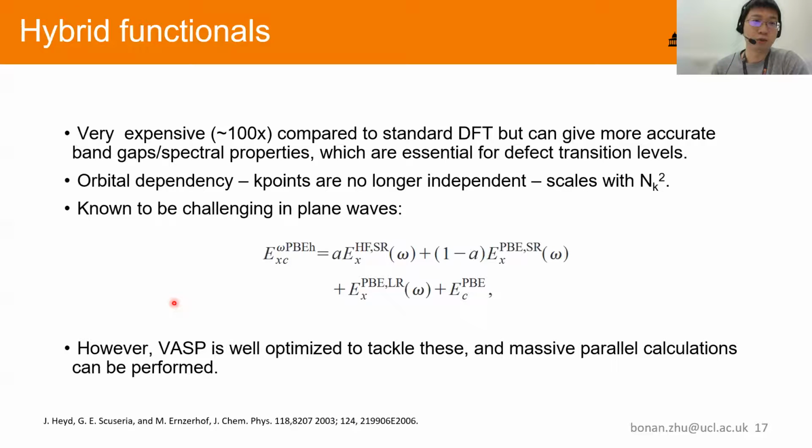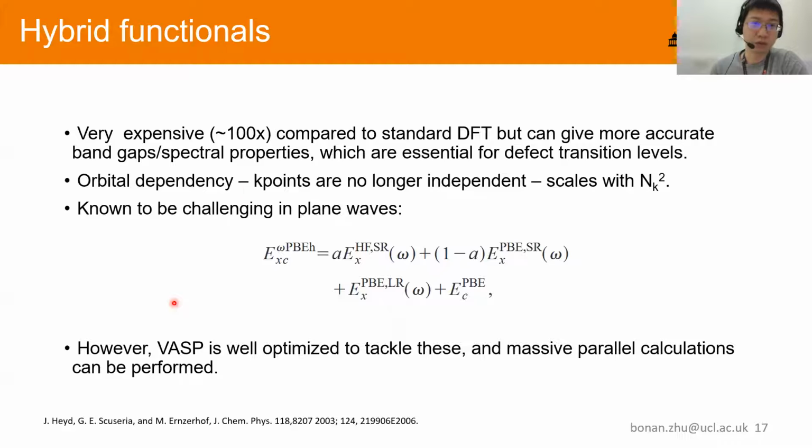One way to solve this problem is to use the so-called hybrid functionals. These are very expensive compared to standard DFT calculations, but they can give very accurate band gaps and spectral properties, which are essential for defect studies. However, they have worse scaling, which we'll see later.